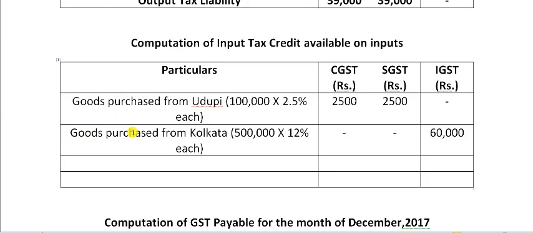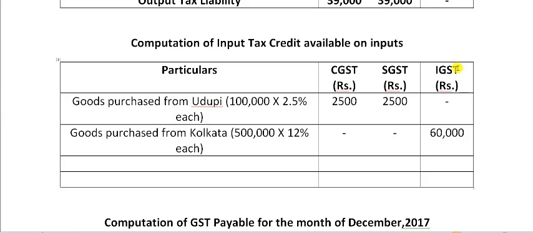So goods purchased from Kolkata, the registration of the SSE is in Karnataka, the goods are being sent from Kolkata. So it is between states, that is between state Kolkata and Karnataka. Hence, it is quite natural that IGST will be applicable. So input tax credit on this particular transaction is 5 lakh into 12%. 60,000 will be available under IGST.